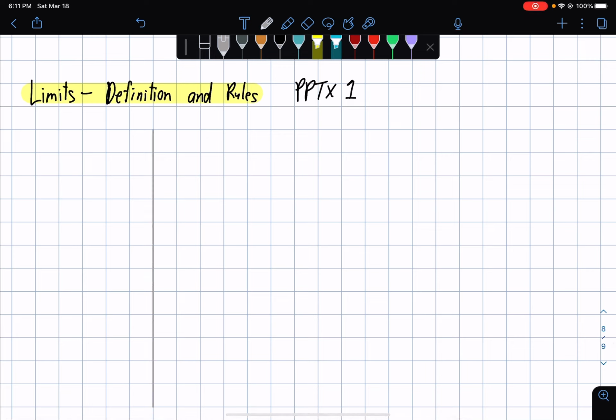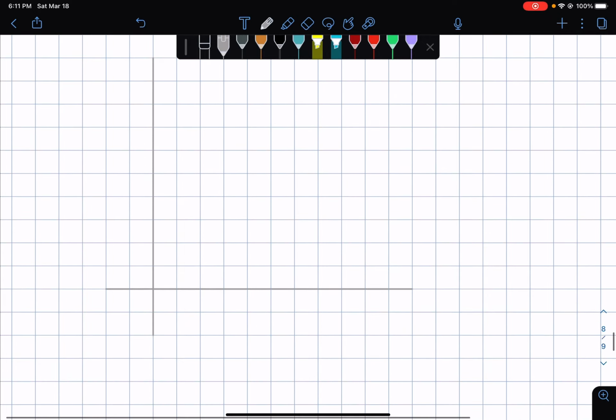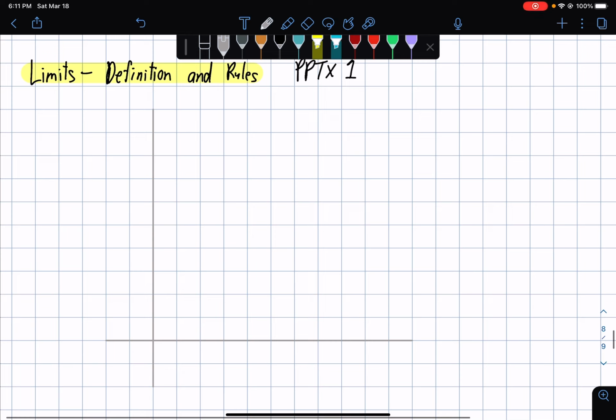I'll be basing all the lectures here on my teacher's presentations. So first, we have this kind of graph wherein here is a minus delta, I believe this is delta.